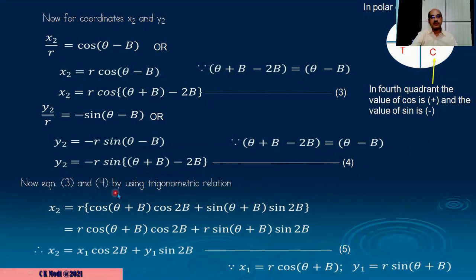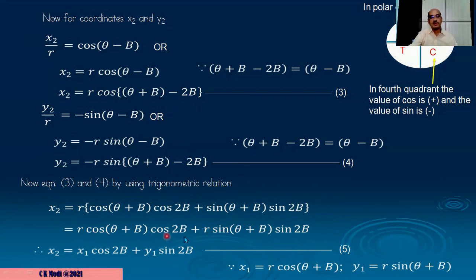Now equations 3 and 4, by using simple trigonometry relations. So x2 is equal to r cos(theta plus b) cos 2b, plus sine(theta plus b) sine 2b, opening this bracket.